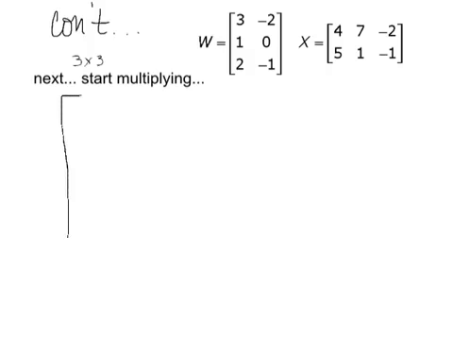You'll see I'm just going to make a big matrix. 3 times 4 plus -2 times 5. See how I went across the row, down the column. And that goes in my first entry, my first part of the address. Next I'm going across the row and down the column.